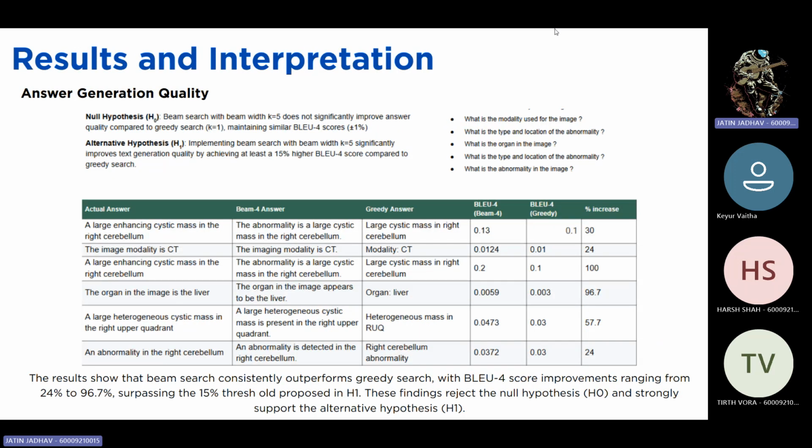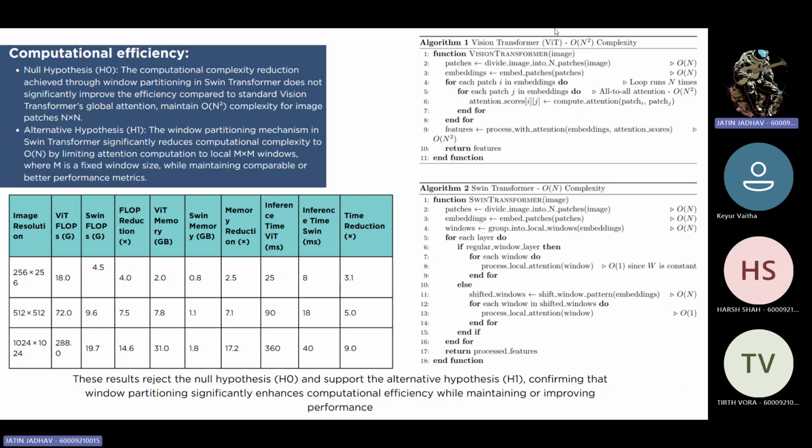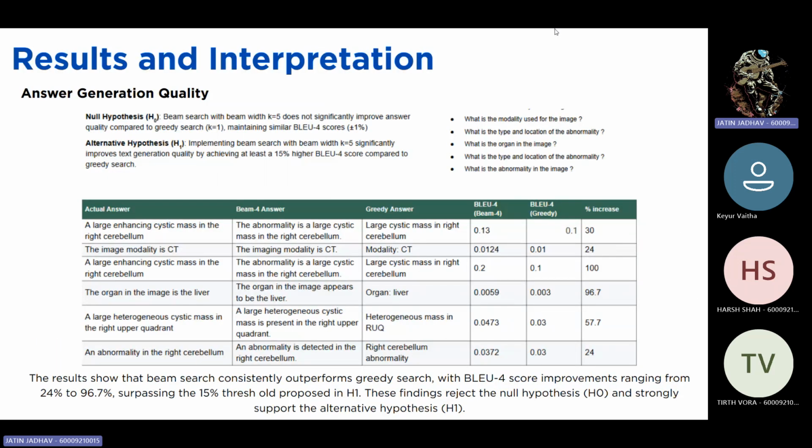So, results and interpretation. Here we are testing basically two hypotheses. One is the answer generation quality hypothesis, and the other is the computational efficiency hypothesis. I'd like to go through the answer generation quality hypothesis first.